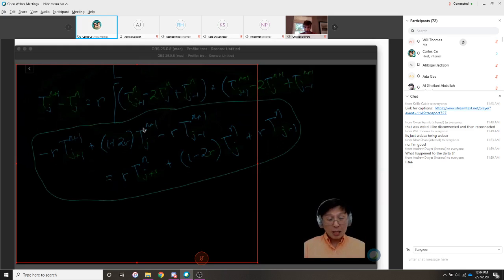And so how many unknowns do you have? Well, how many j values do you have? If you have like 50 nodes, then there'll be 50 temperatures you need to solve for at every time step.